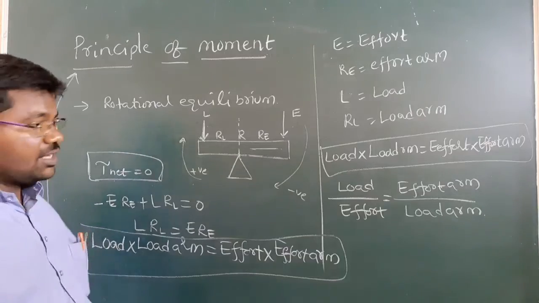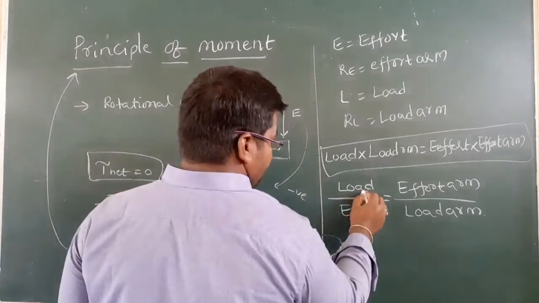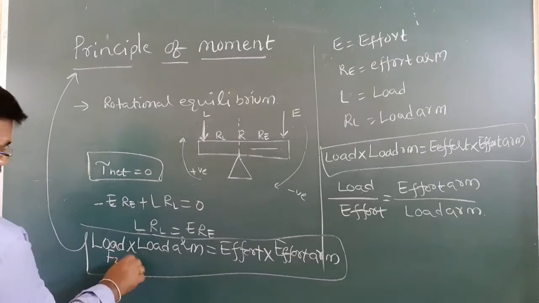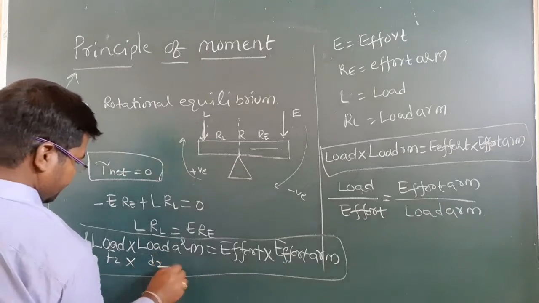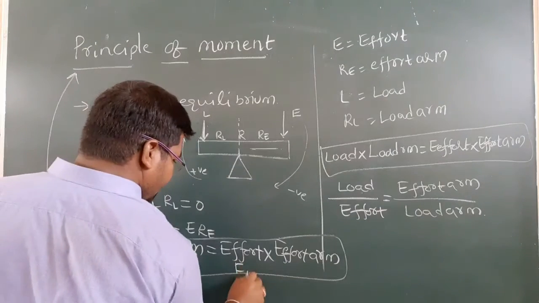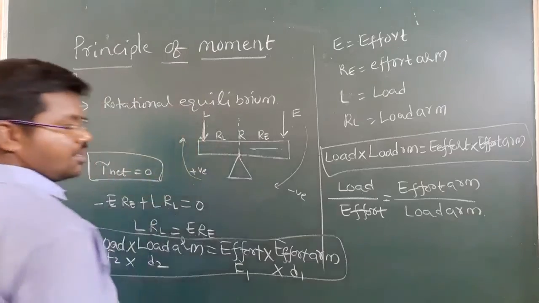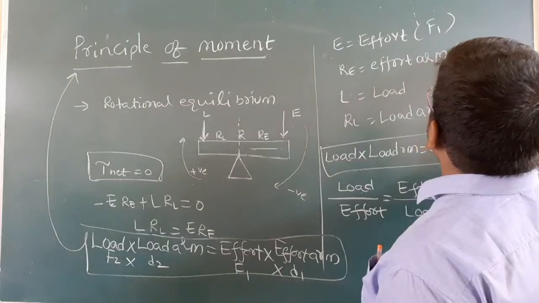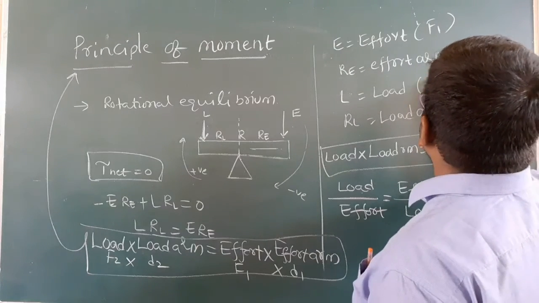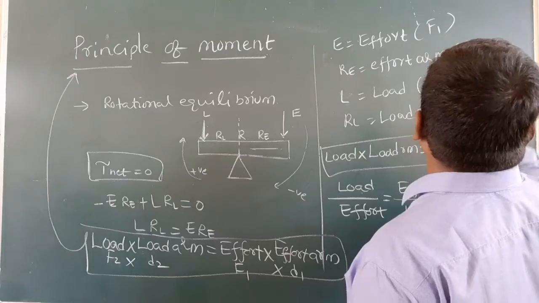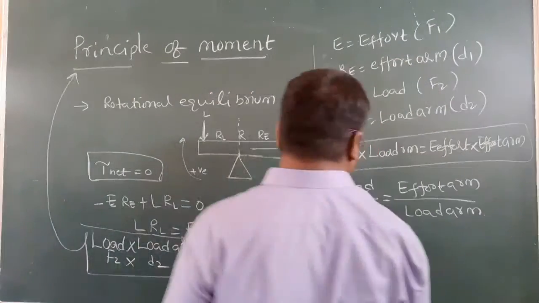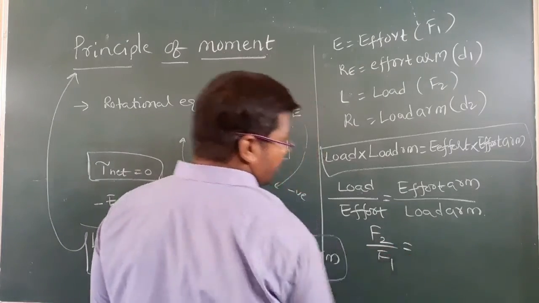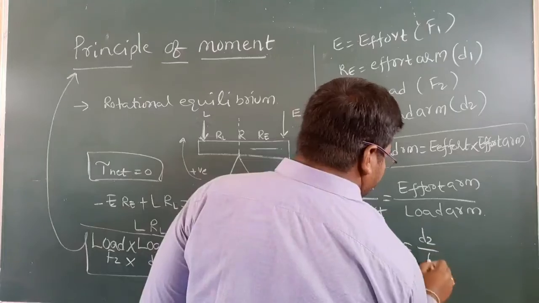In this case, we can say the load is F2, which indicates F2 into D2, and here F1 into D1. See here, F1, D1, F2, D2, like that. So we have to write F2 by F1 is equal to D2 by D1.